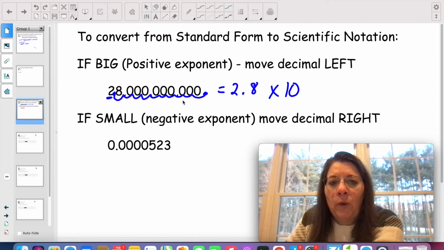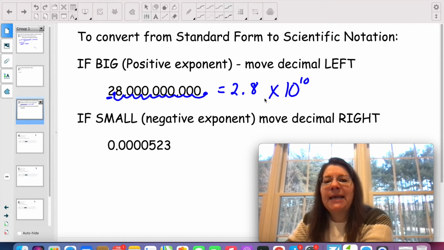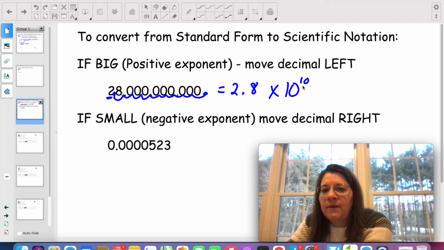And remember, when we counted, we moved it 10 places to the left. Now, we need to decide, is this going to be a negative exponent or a positive exponent? Well, was this number to begin with really big or really small? It was really big. So that's going to be a positive 10.